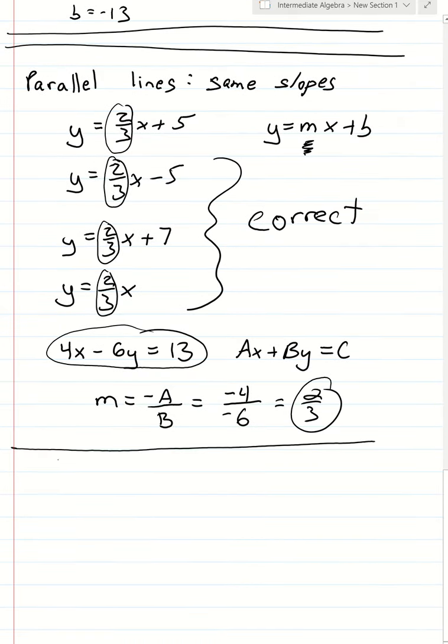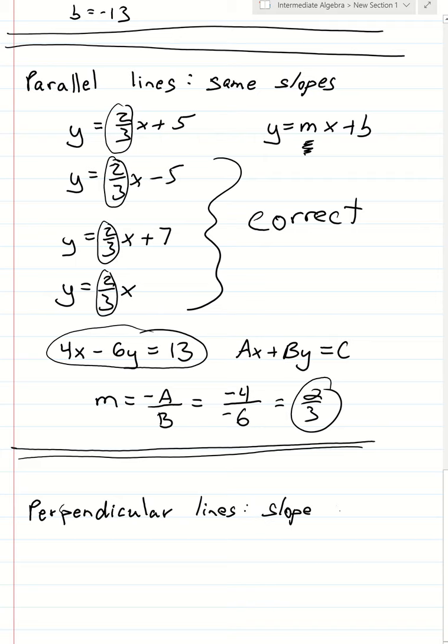Another type of line that's special, that's not parallel, would be perpendicular. We also have to discuss those as well. Now, what makes lines perpendicular also is something about the slope. When we have perpendicular lines, the slopes must be opposite.